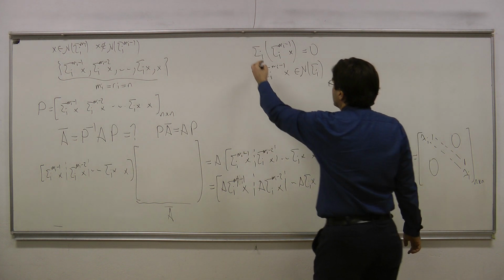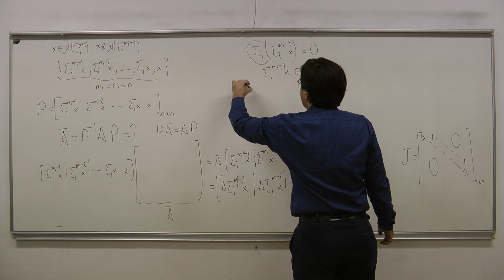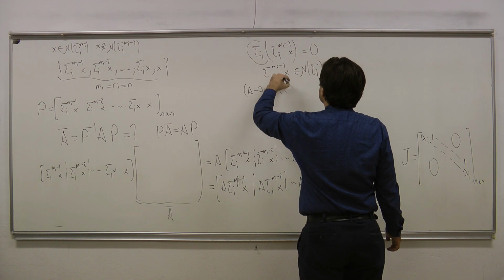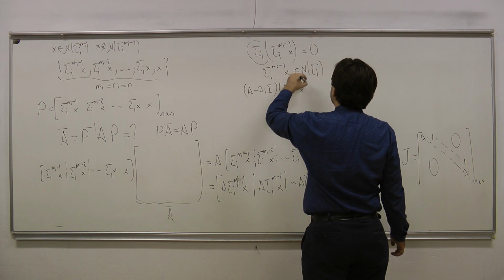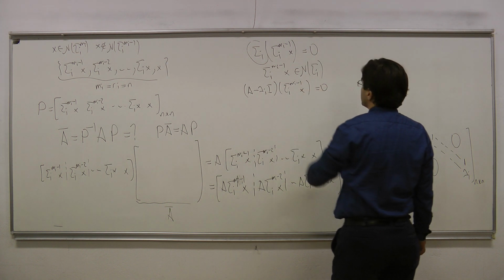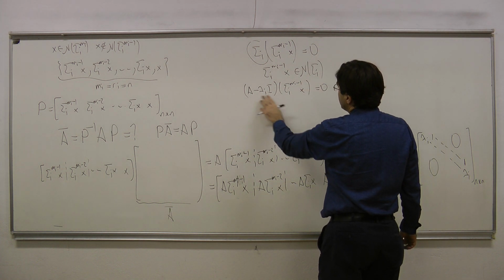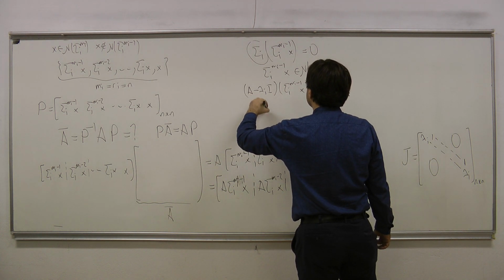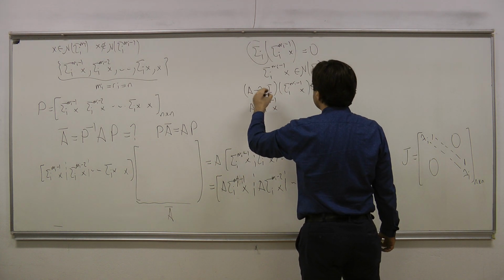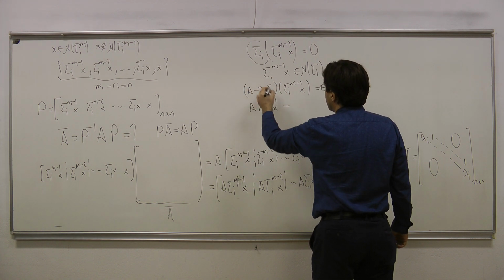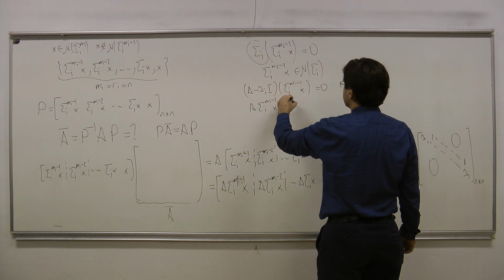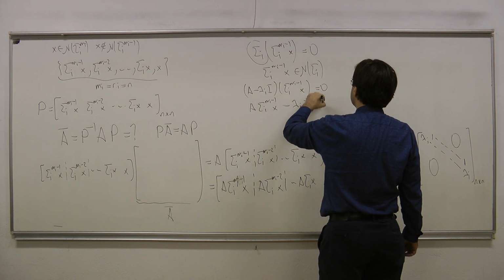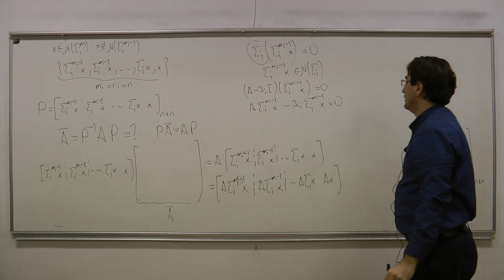Or you can do the following. Instead of the (A − λ_i I) I can write A minus λ_i identity times (A − λ_i I)^(m_i−1)x, which should be equal to 0. Okay? And that gives me A times this vector, A times (A − λ_i I)^(m_i−1)x, minus this λ_i identity times this vector. This is λ_i times this vector, which should be equal to 0.